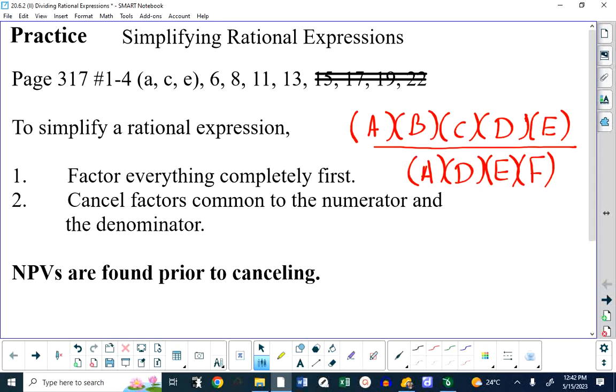The answer is they are in brackets. The A is in brackets in the numerator, multiplied by everything else. I want to highlight that, multiplied by everything else.